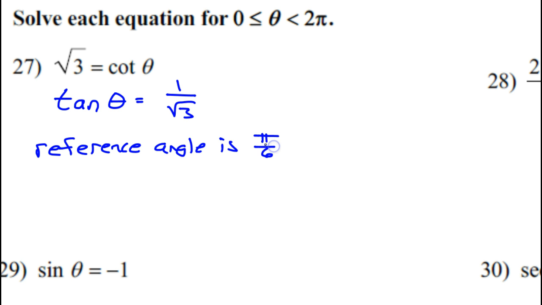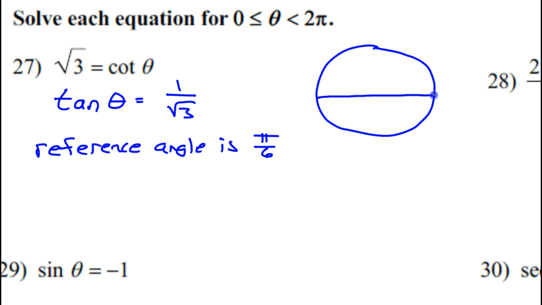Okay, the reference angle is pi over 6. Because the reality is there's more than one angle that has a tangent that is 1 over radical 3. So we have to find out. We know that the tangent of pi over 6 is 1 over radical 3, but there are other angles that have a reference angle of pi over 6.